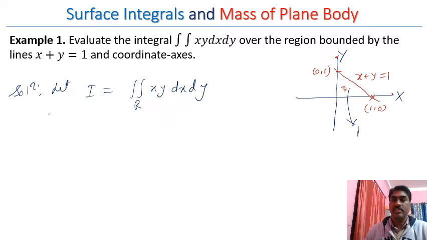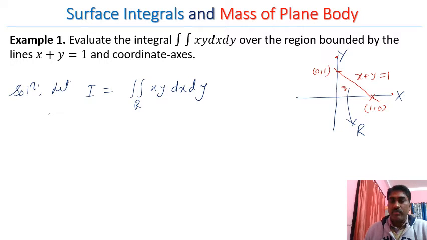Now you can see that the limits of x and y are very easy to put. We have already seen the same thing in the previous lecture, but I am elaborating it again.